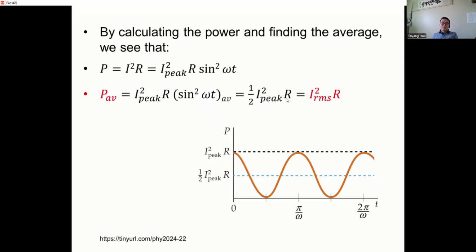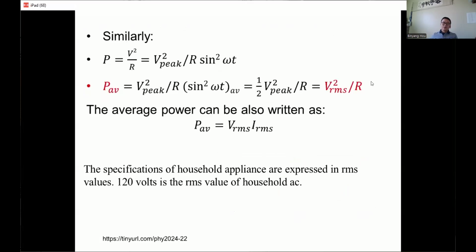Now remember, if you do peak squared and then 1/2, that actually gives you the root mean square quantity squared. So the average becomes I root mean square squared times R. So the average power in the AC circuit is actually the root mean square quantity I squared times R. Similarly, you can do this through the other expressions of electric power.